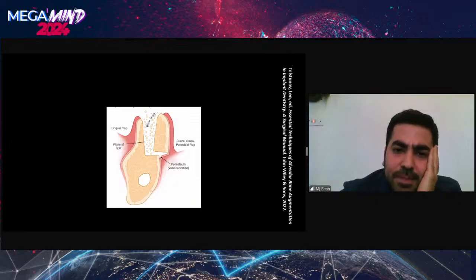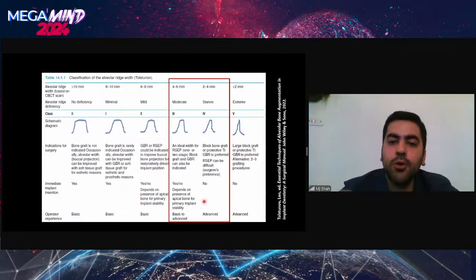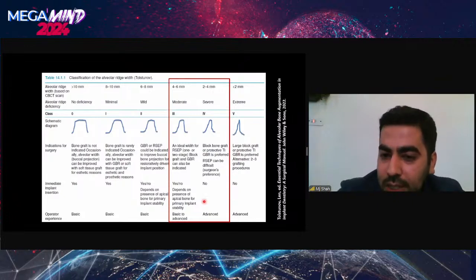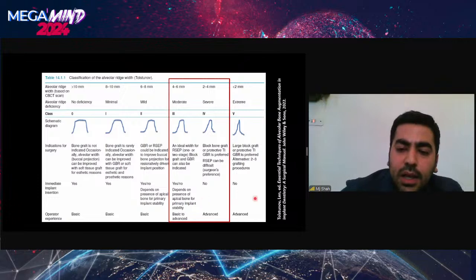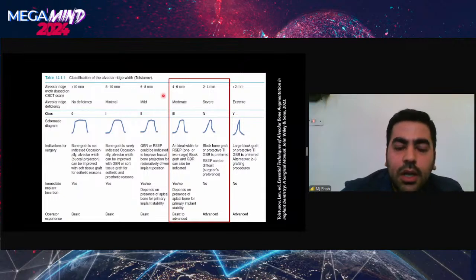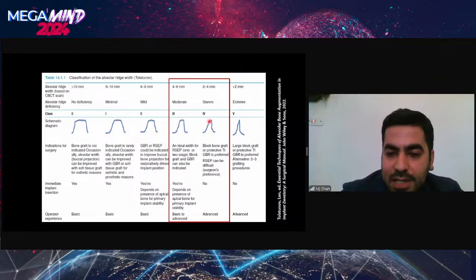As you can see here, in order to choose the proper technique, Tolstunov's classification of the alveolar ridge widths can help us, which is in the book that I introduced. The ridge morphology and defect widths make it a good candidate for ridge split according to this classification. Our patient has somewhere near 3 to 5 millimeter ridge widths, and the morphology of the ridge was like class 3 and 4 of this classification.